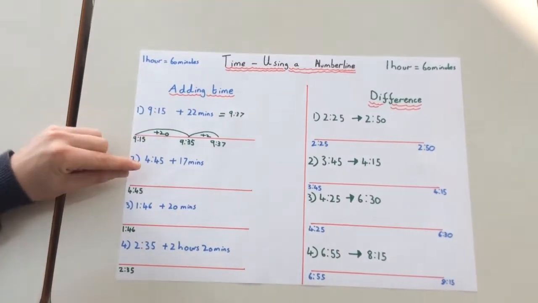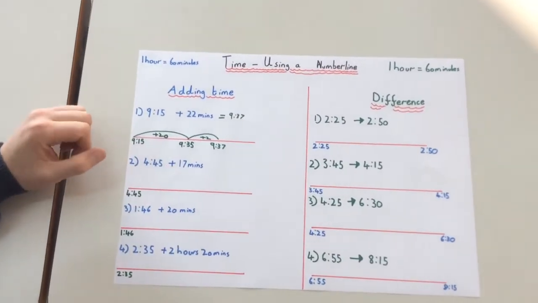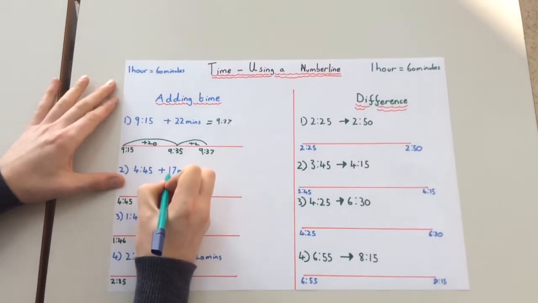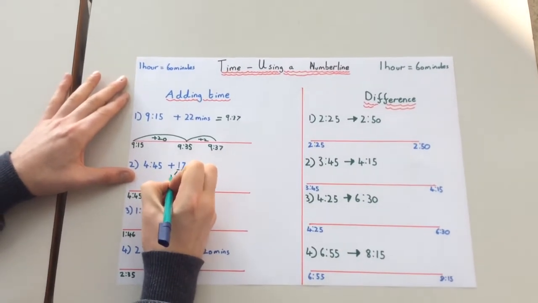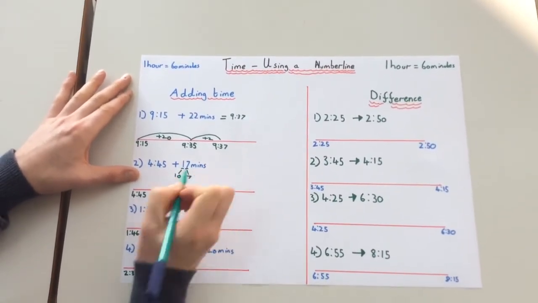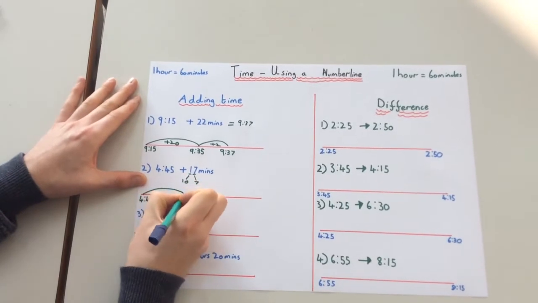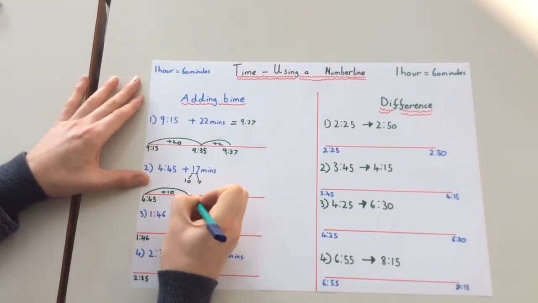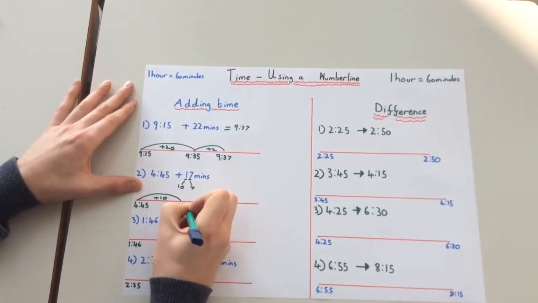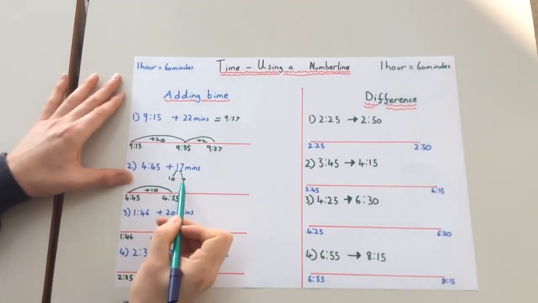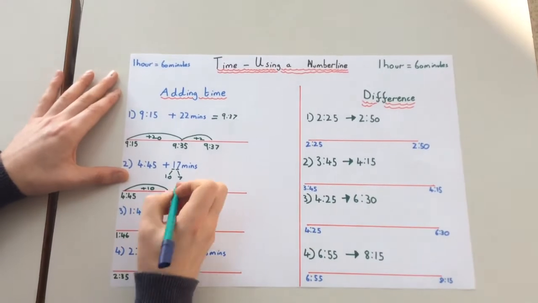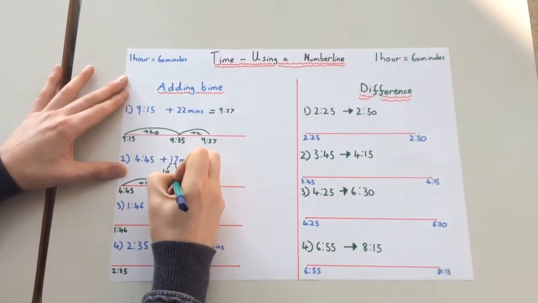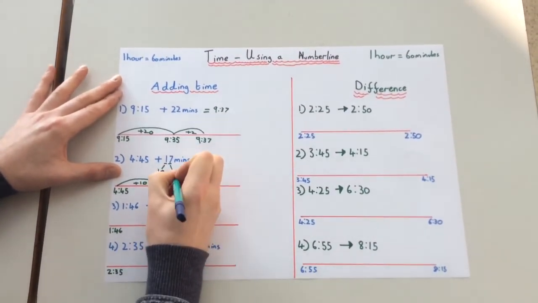The next one, 4:45 plus 17 minutes. Well, first, what I'm going to do is I'm going to do the 10 and then the 7. So if I add on the 10, it is 4:55. Now I have to add the 7. Well, this 7, I'm going to make this into 5 and 2.